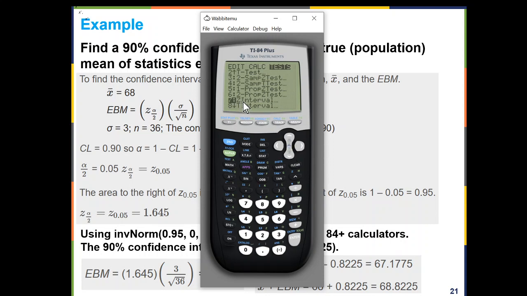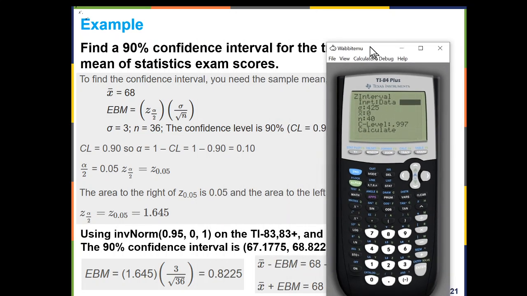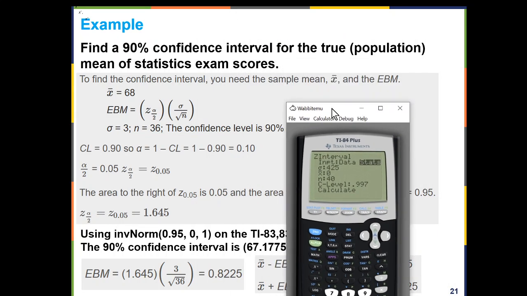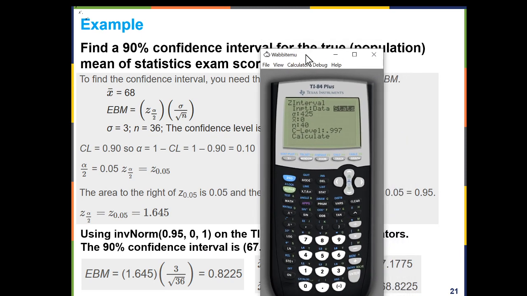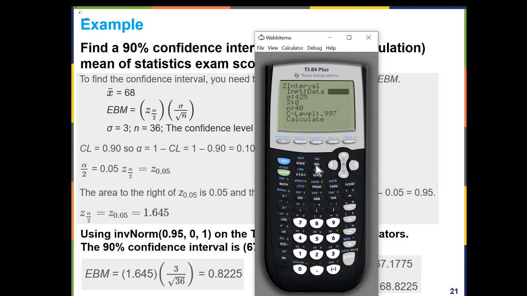You see it says z interval number 7. Pick that one. And now the question is, do we have data or do we have statistics? Now statistics is of course the x bars and everything else we calculate from the sample, and data would be if you're given the raw data.